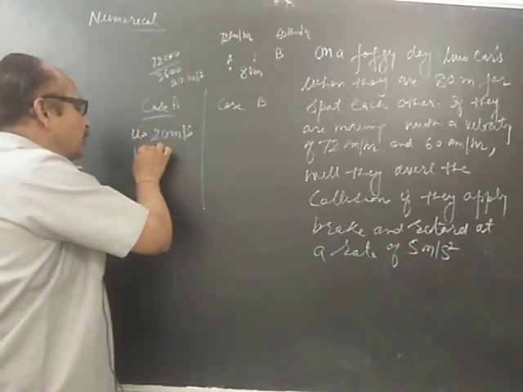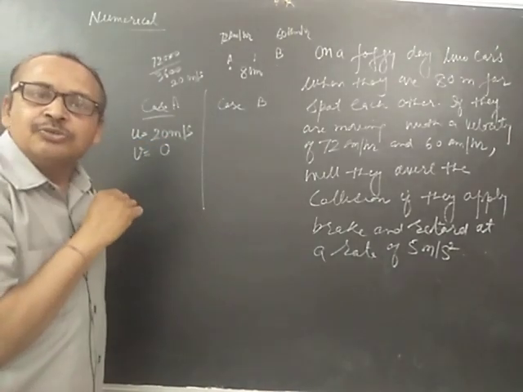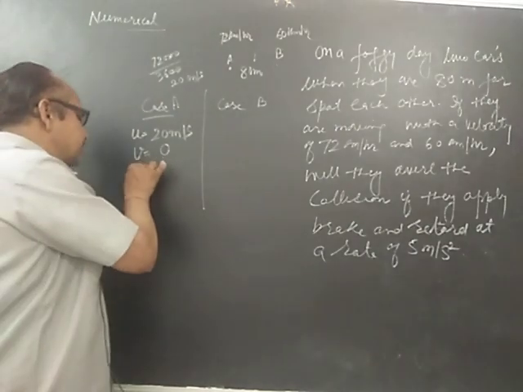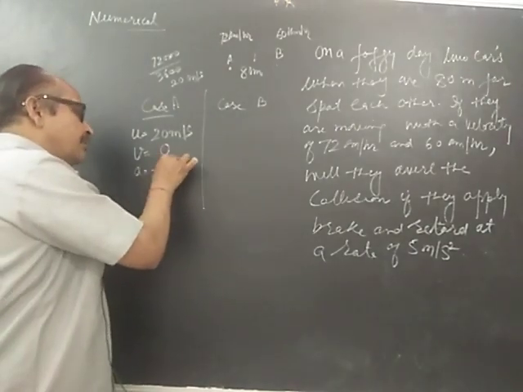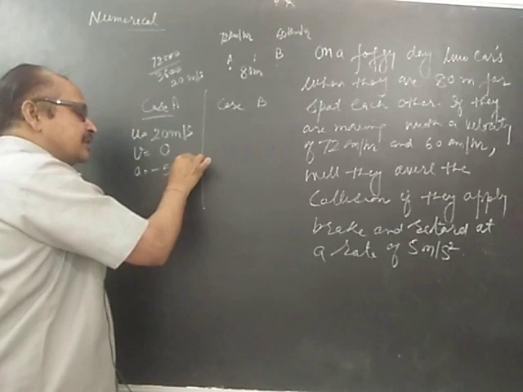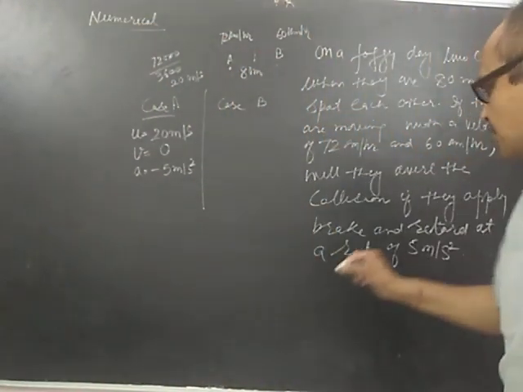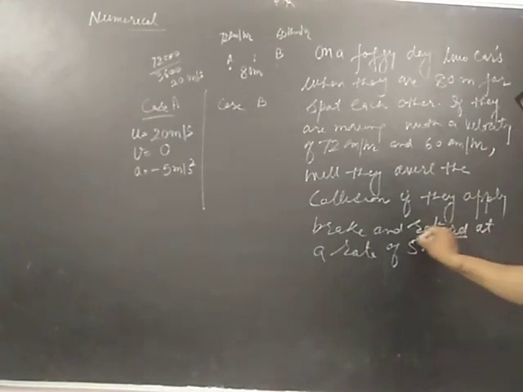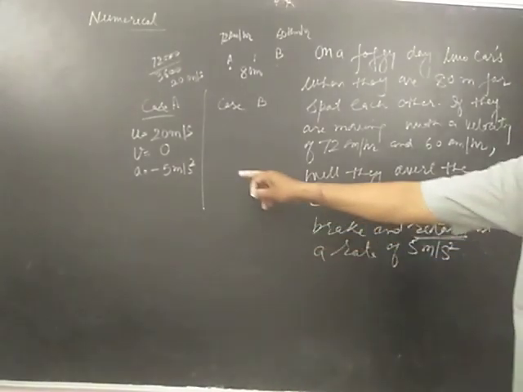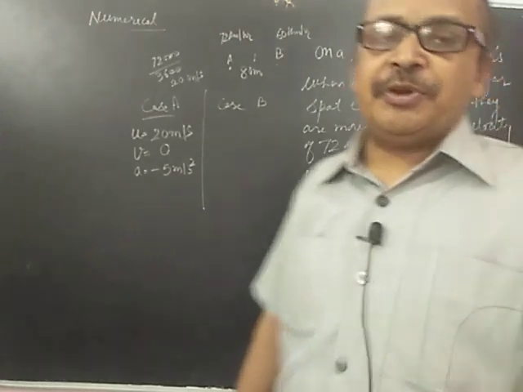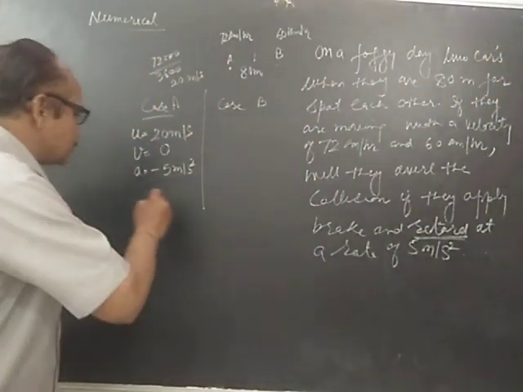What is V? Obviously it wants to stop, so V is 0. And what is A? Obviously minus 5 meters per second square, because the body is undergoing this retardation.